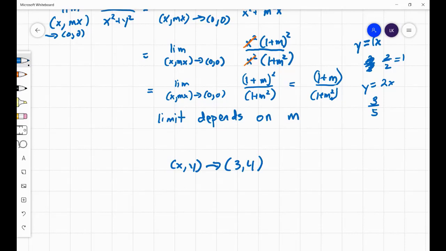If you let u equal x minus 3 and v equal y minus 4, then as x and y approach the point (3, 4), the point (u, v) approaches (0, 0). So we can always restate these limit questions in terms of approaching the origin. It's really just for ease for the student, because all it takes is translating the xy plane to a new origin in the uv plane.